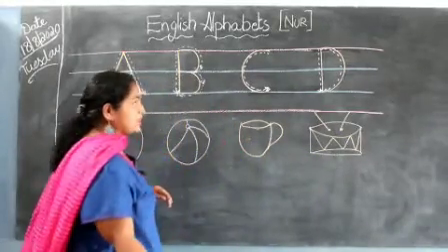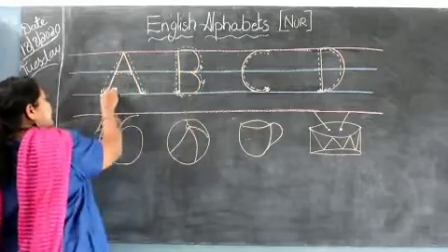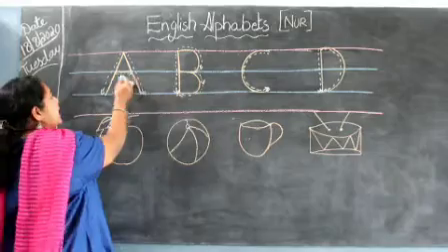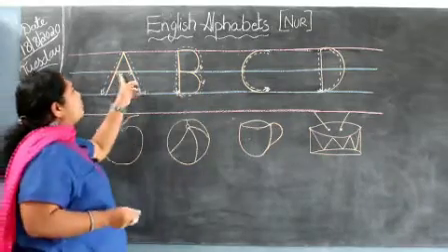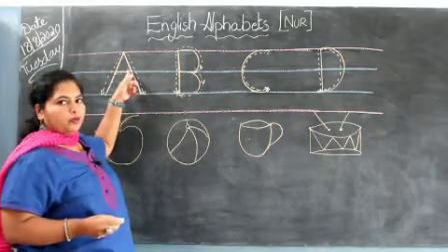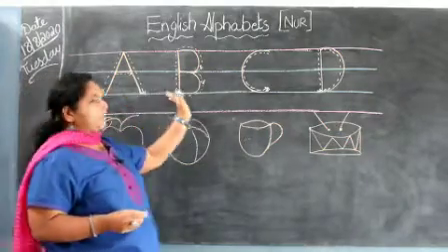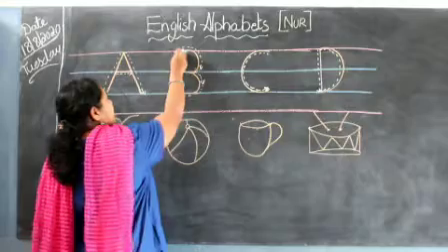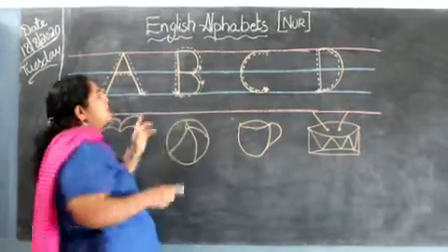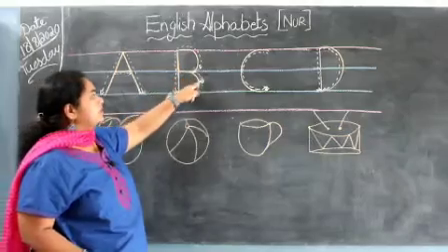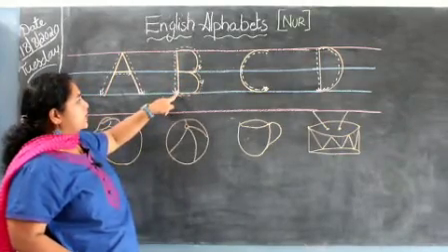Now how do you write A? Right slanting line, a left slanting line from red to blue, and a sleeping line joining both the slanting lines on the blue line gives you all a capital A. B is a standing line from red to blue, one right curve up to blue, and another right curve to the next blue line.